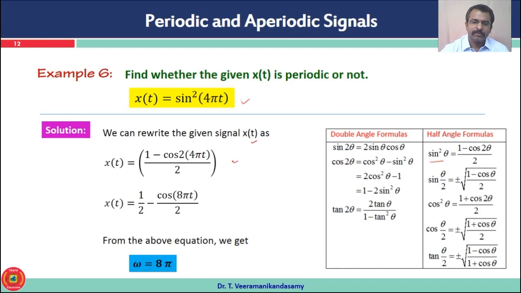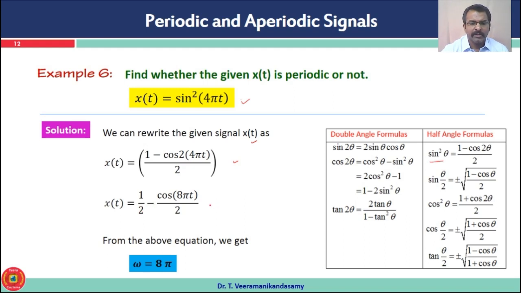Substitute that formula here, so x of t is equal to 1 minus cos of 2 times 4 pi t, divided by 2. Rewrite this equation as 1 by 2 minus cos 8 pi t divided by 2.